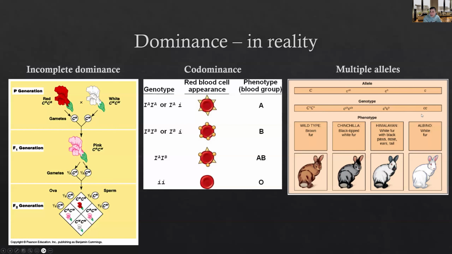But when you end up mixing the C^h and the C^h, you get these intermediate phenotypes. So with multiple alleles, you have a lot going on. There's a lot of different ways, and it really depends on which alleles you're inheriting and the combination you get. So in other words, what we're saying here is dominance is not as clear cut as Mendel wanted it to be. It's a lot more complicated in reality.